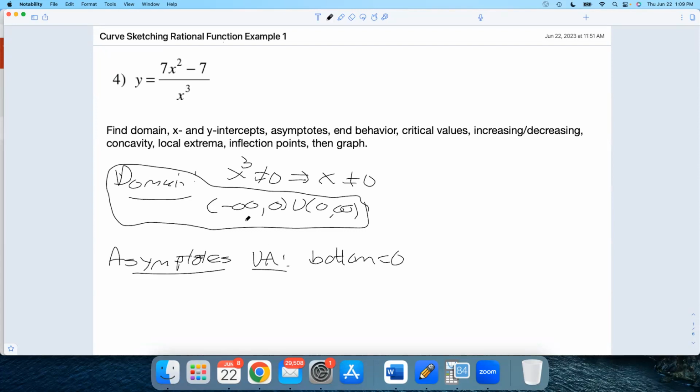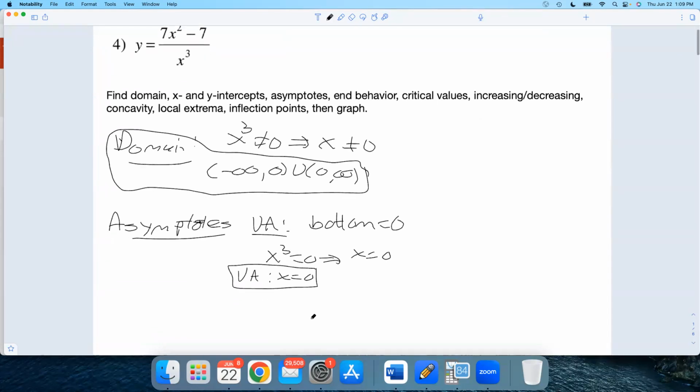In most cases, finding your vertical asymptotes, finding the domain, is kind of the same math. We just write the answer differently. X cubed equals 0 implies x is 0. We have a vertical asymptote at x equals 0. Vertical asymptotes are vertical lines. They're not numbers. Our vertical asymptote here is x equals 0.